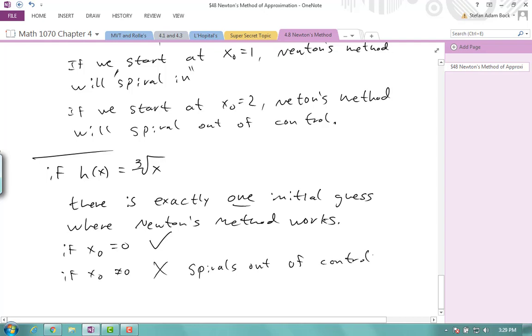So this is not the only method that the calculator will use to approximate roots. There are a couple of others it uses in conjunction with Newton's method. It'll start by using the intermediate value theorem. That's when you go to the graph and you ask it to find a root, and you give it an upper bound and a lower bound.